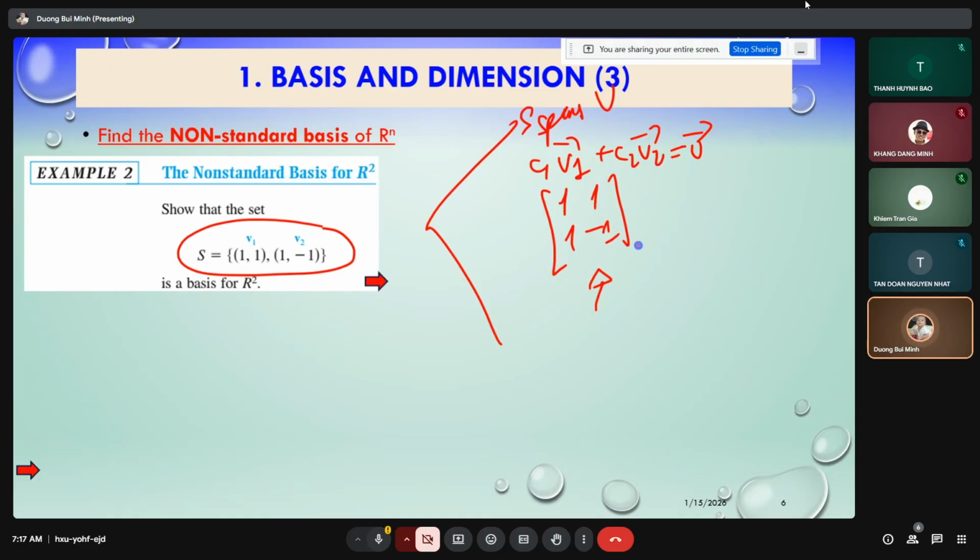Then we calculate the determinant. Determinant of A is -1, and then -1 you get -2. Okay, so this is a spanning set, right?